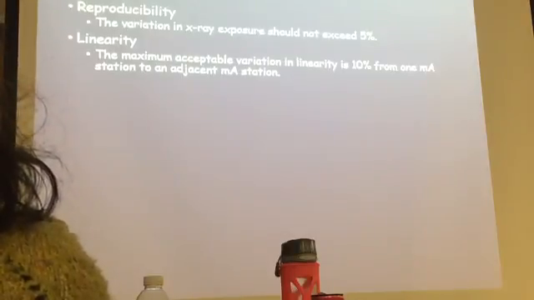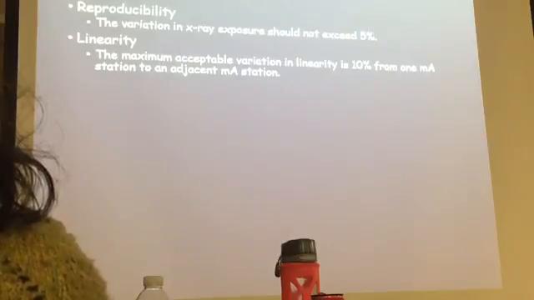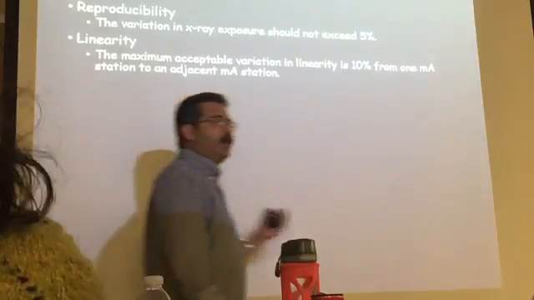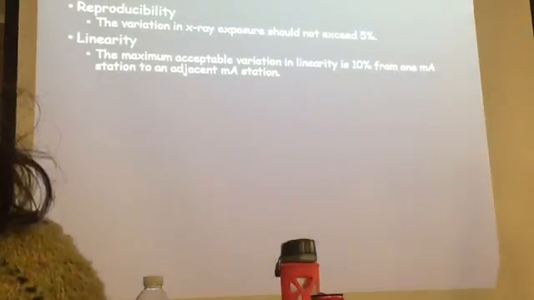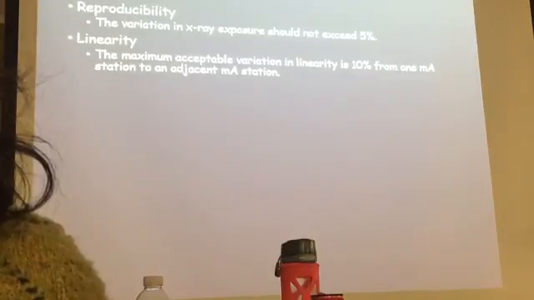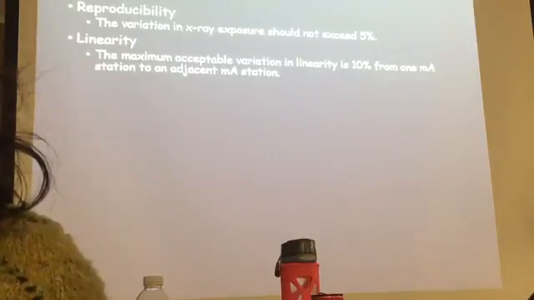Okay, linearity. The maximum acceptable variation in linearity is 10% from one mA station to the adjacent mA station. The way linearity is tested is in the following way. In this case, you're going to change your technical factors.